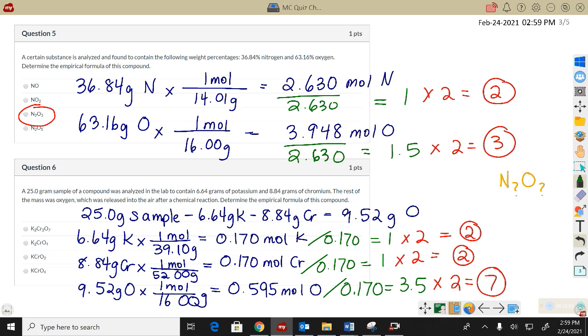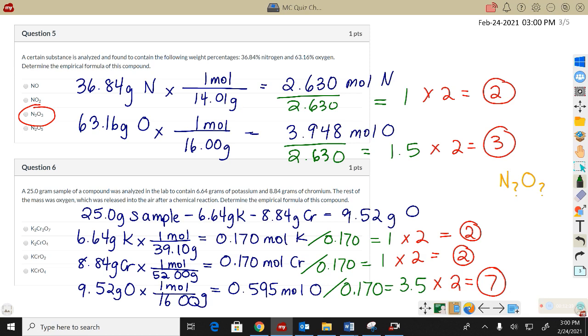And I could just turn them into moles right away. In question 5, I had percentages, but I wanted to get them into a mass, so we assumed a 100-gram sample. But now you've got grams. Go with it. You can take those grams and turn them into moles right away. Now from here I got 0.17 moles of potassium, 0.17 moles of chromium, and 0.595 moles of oxygen.